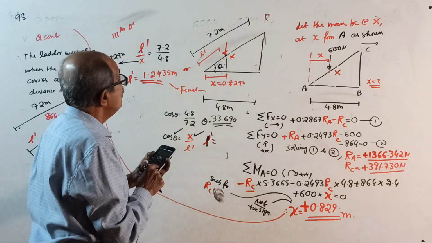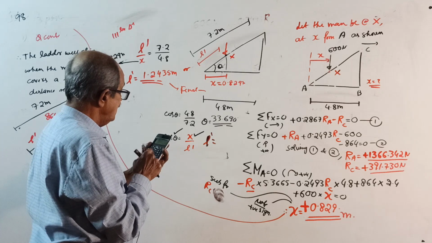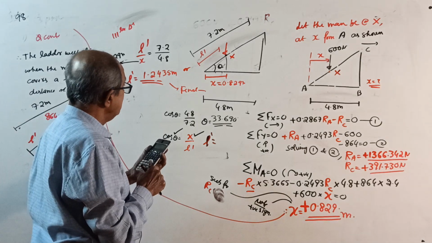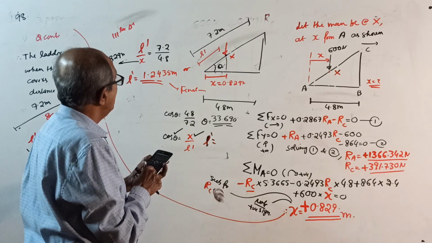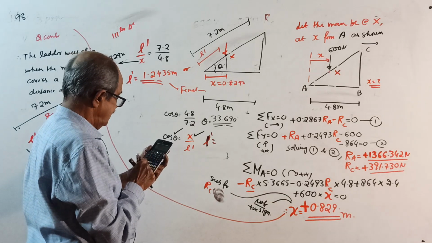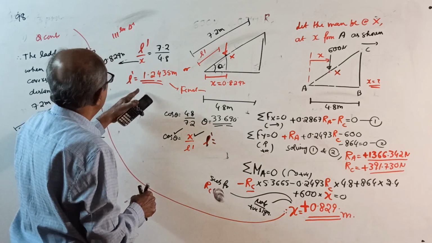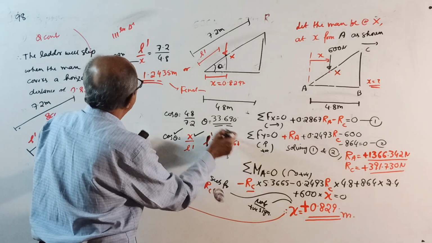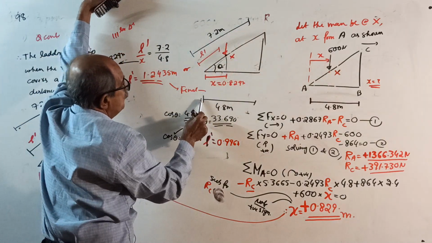4.8 divided by 7.2, shift tan inverse, answer is 33.69 degrees. Then cos theta equals x divided by L dash. 0.829 divided by cos of 33.69 is 0.996. Then L dash is coming as 0.996 meter, but earlier we got 7.2 by 4.8.